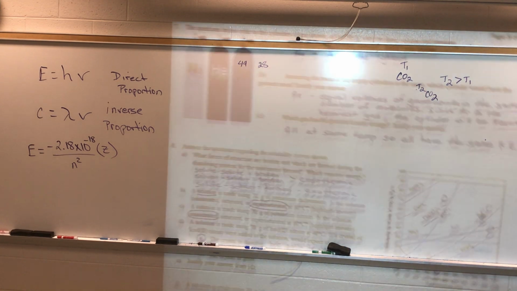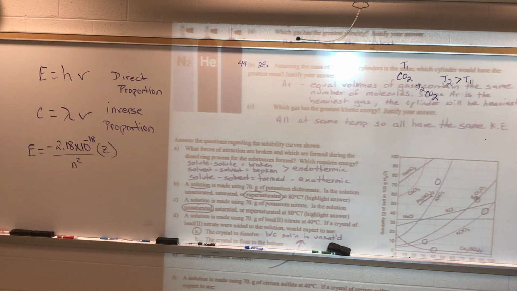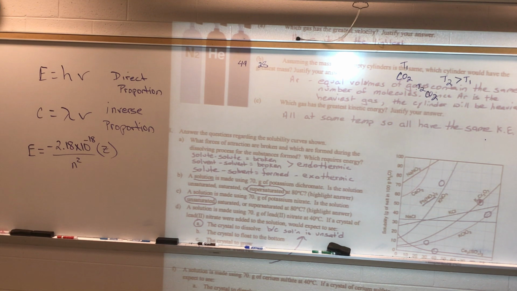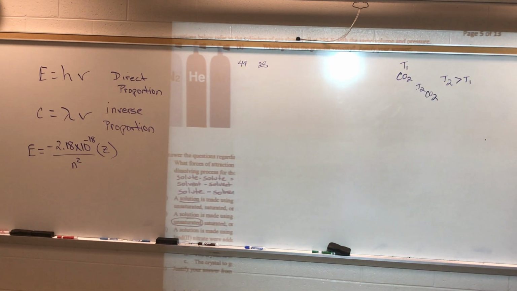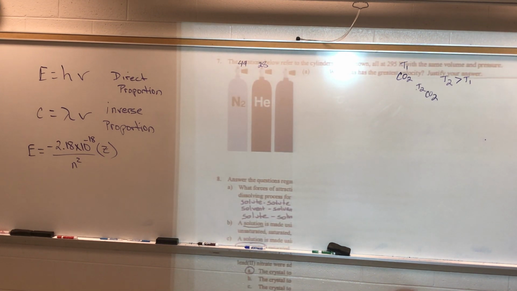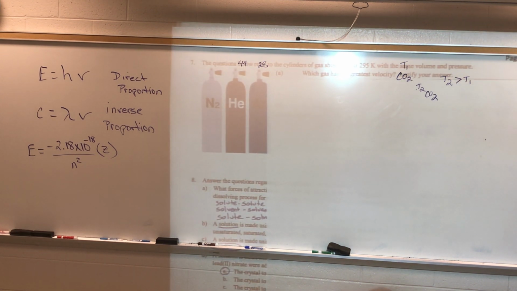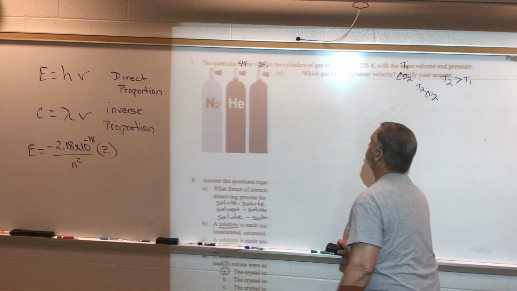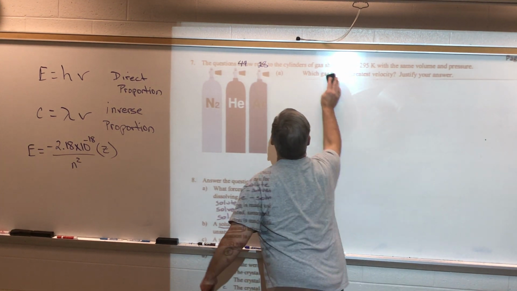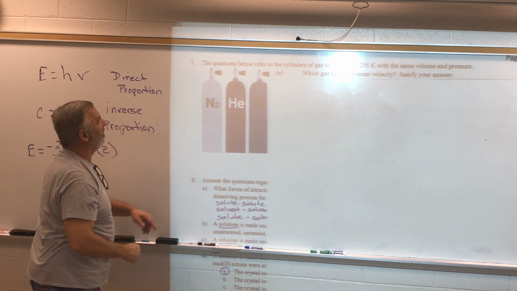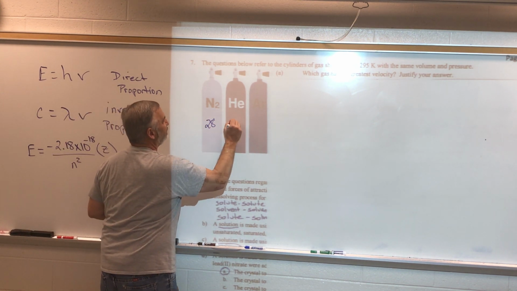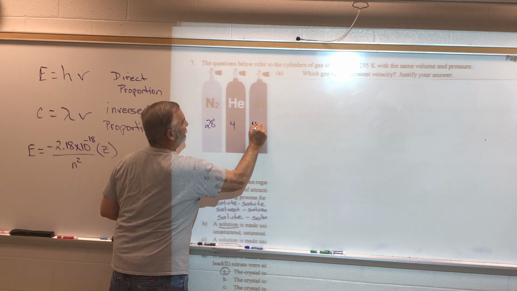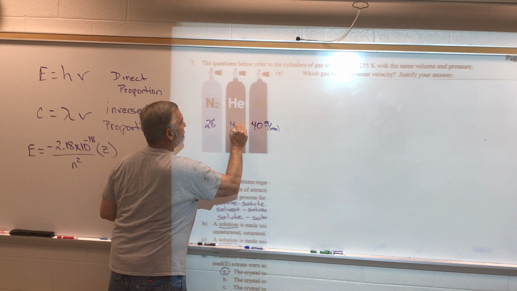So now we come here. Now we have nitrogen, helium, and argon: 28, 4, and 40 grams per mole.